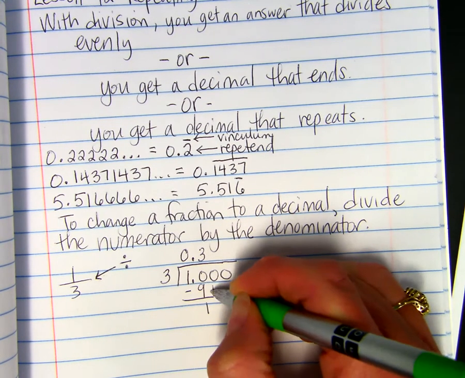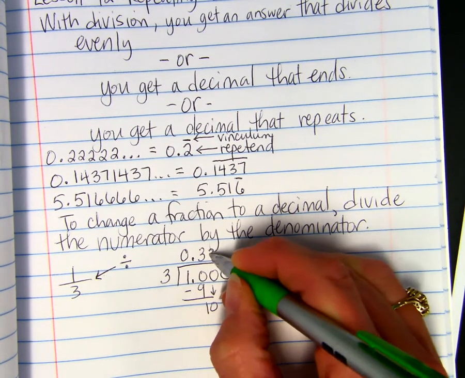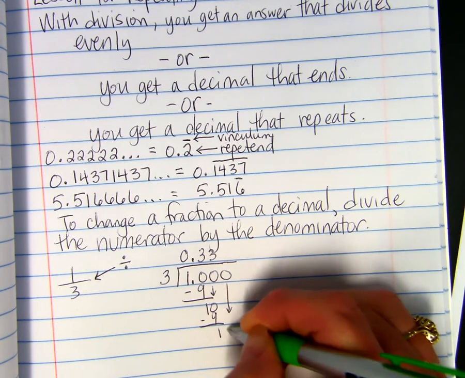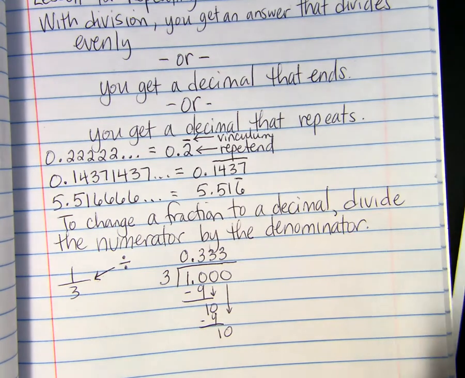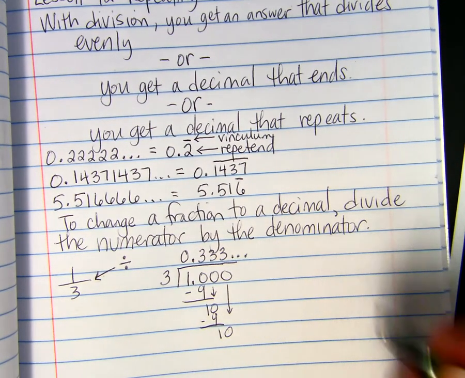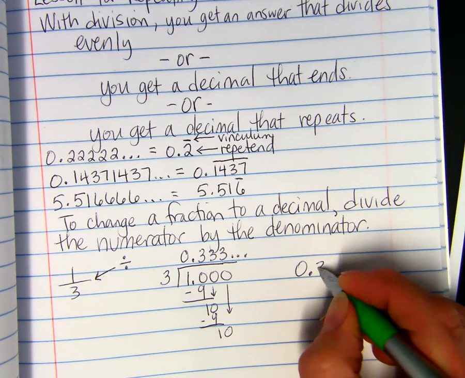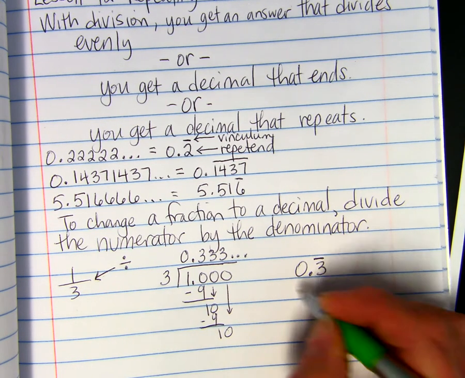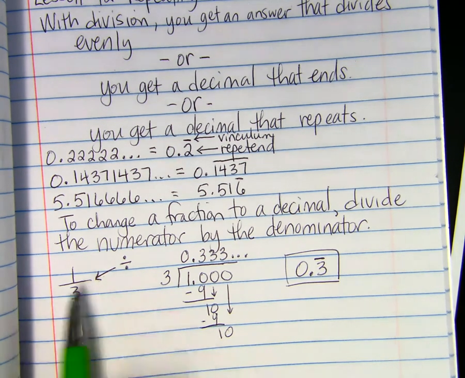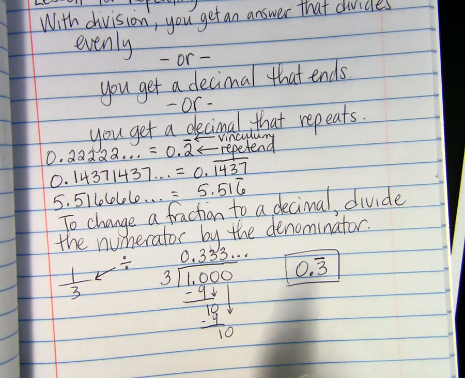Multiply, subtract, bring down, divide, multiply, subtract, bring down. Uh-oh. Can you guys see that will continue on for a long time? So 1/3 is the same thing as 0.3 with the vinculum over it. So they are both the same number.